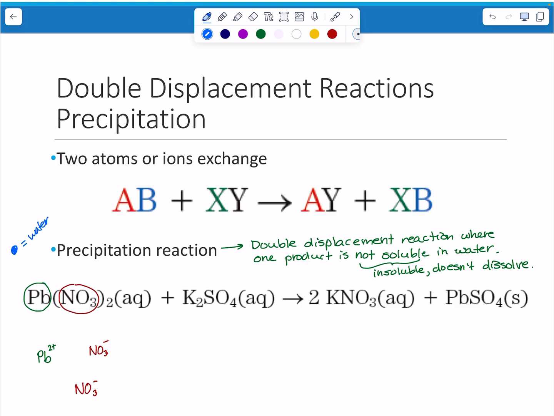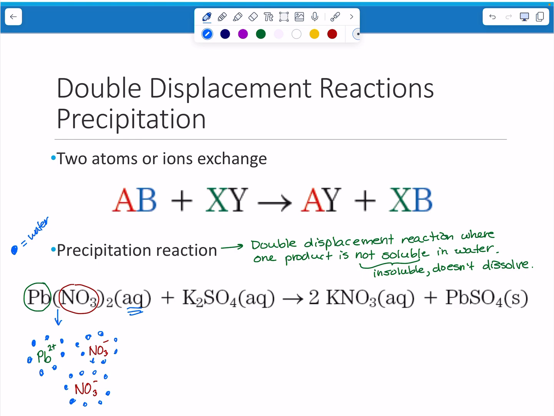So when this thing goes into solution, which is what this aqueous means, my ions break apart from one another and they are surrounded by water molecules. That's what it means to be soluble. It means that the thing that goes into solution is surrounded by water.